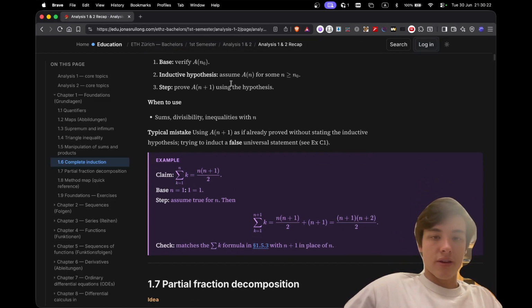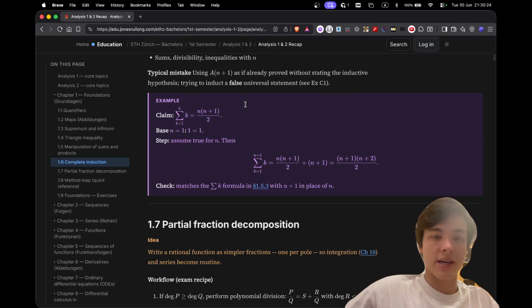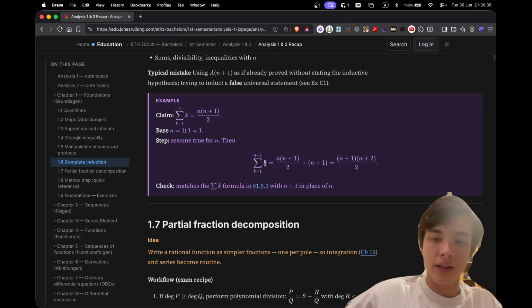Usually, let's go through an example. The base is easy to prove, and then for both sides we assume n is true, but then we do n plus 1, and we try to mush it together so that we can write it in the form.